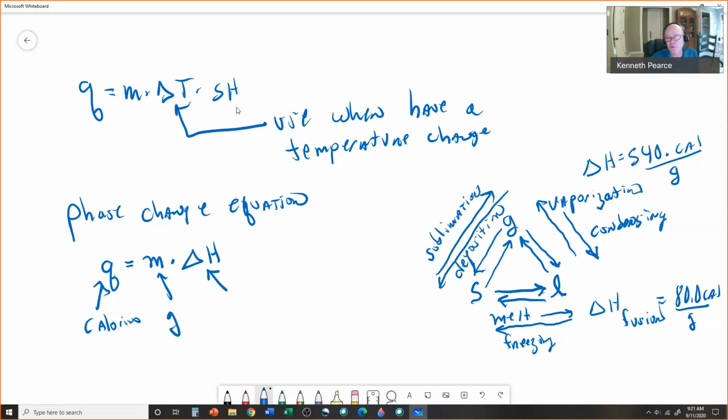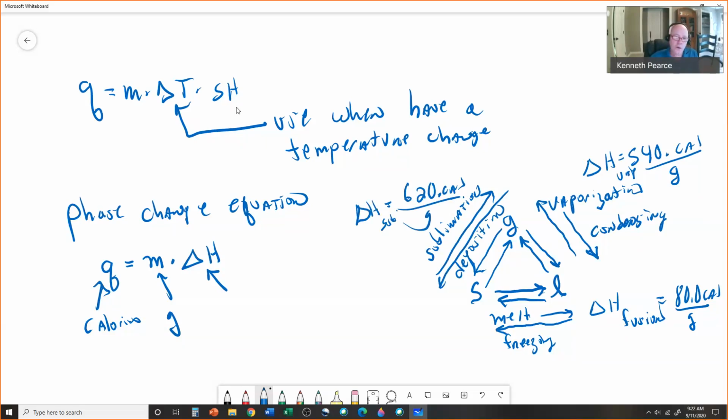And its value is the addition between the two of these, delta H vaporization and fusion, and that would be 620 calories per gram, and that's delta H sublimation. Okay, and we're not going to do any calculations with sublimation or deposition, but it is a number that exists.